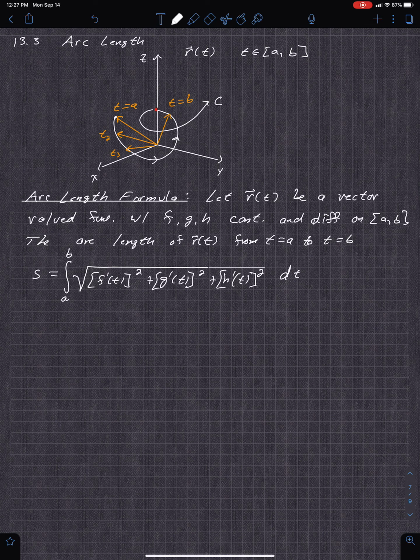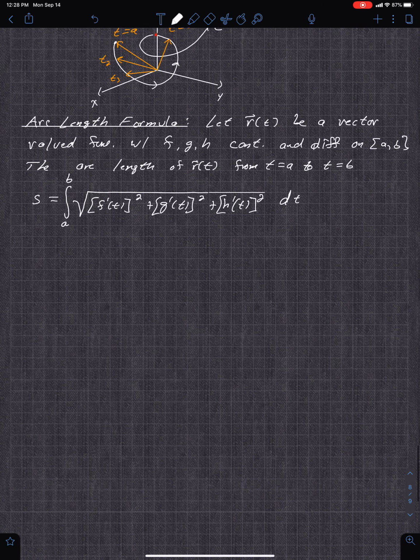That basically comes from the distance formula at each little line segment, which we'll go over in a little bit. If you were to memorize it, it's the integral from a to b of the magnitude of r prime of t dt.